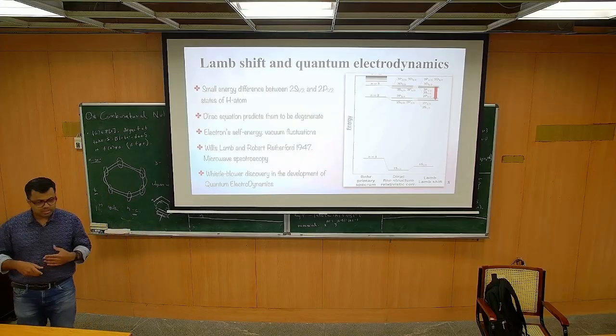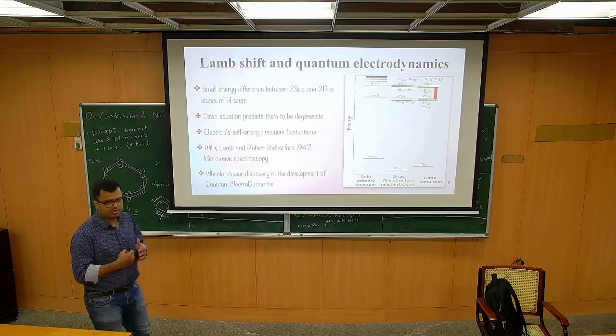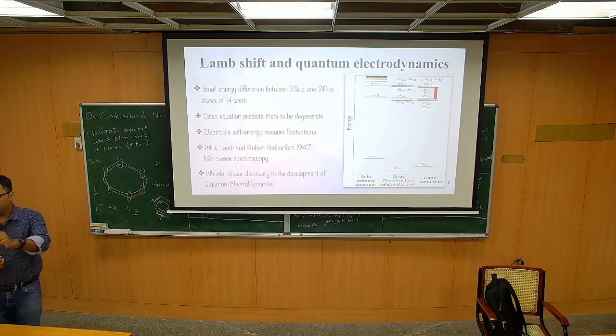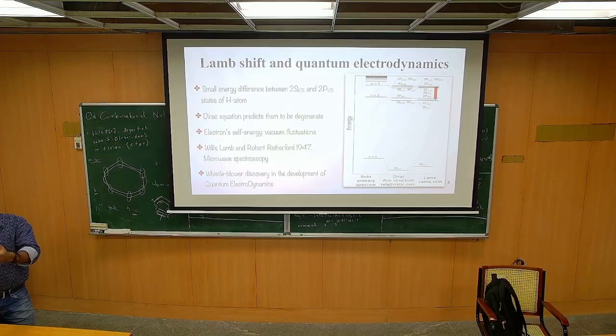What that means is that this energy difference comes from some self-energy correction of the electron. What do we mean by self-energy correction? An electron has a negative charge, which means the surrounding medium of the electron can get polarized because of this electric charge. Because of quantum fluctuations, you can also have an electron and positron created from the vacuum.